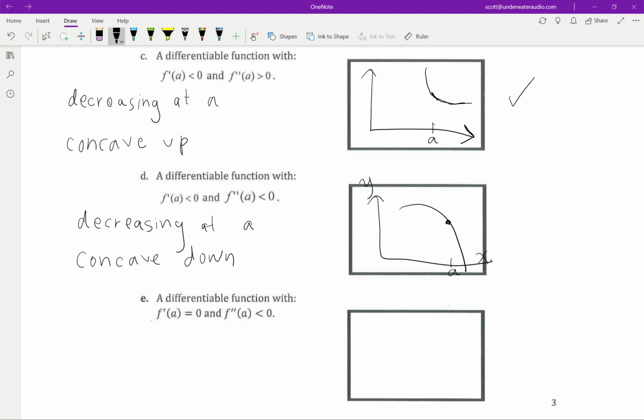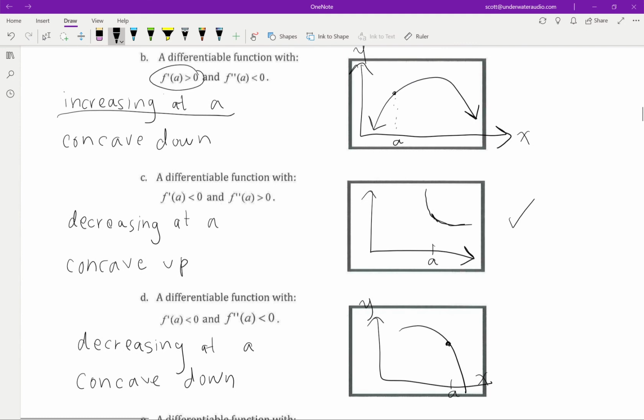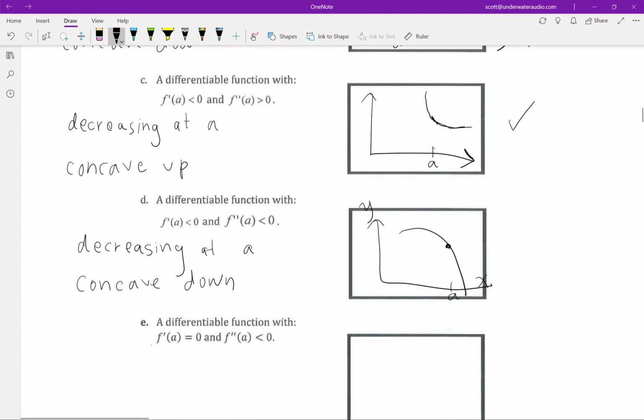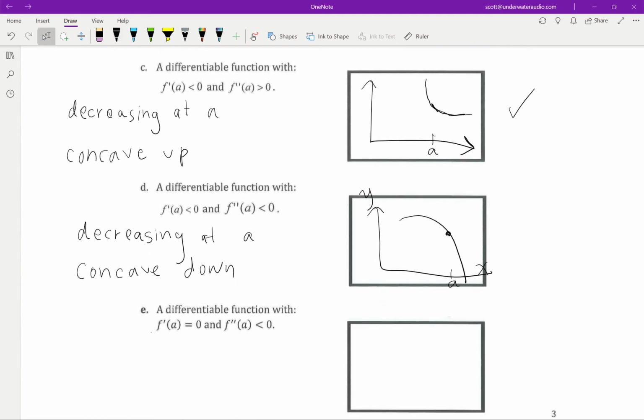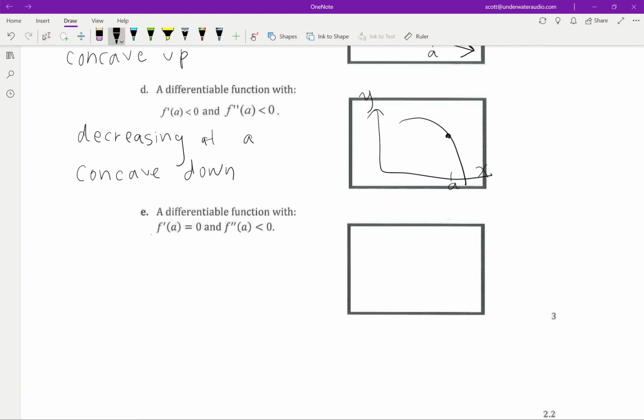So there's kind of two ways to do these problems. I think it's easier to start with concavity and then add in increasing, decreasing. But you can also try to make an argument about how the slope is changing. That actually won't work for part E, I think, because this time we're given that the slope is 0. It's not increasing or decreasing, but you have a slope of 0.